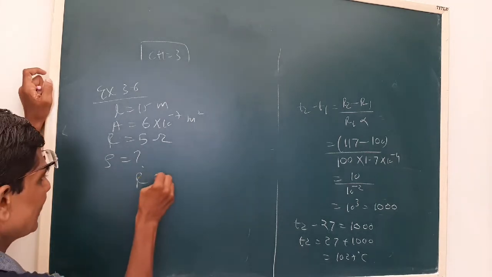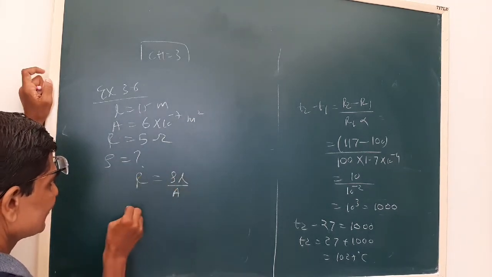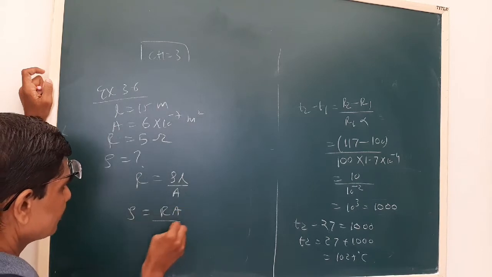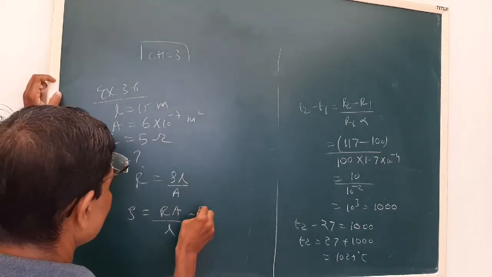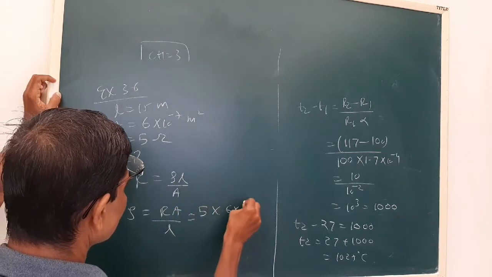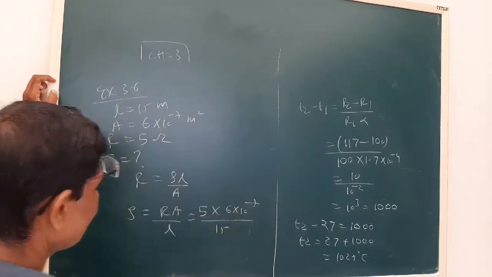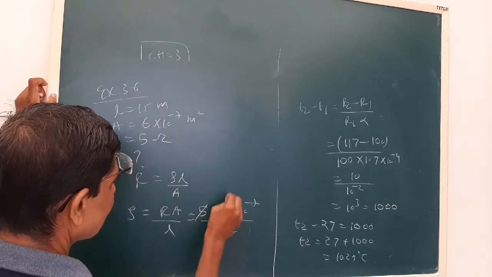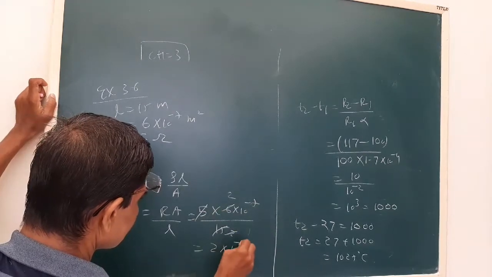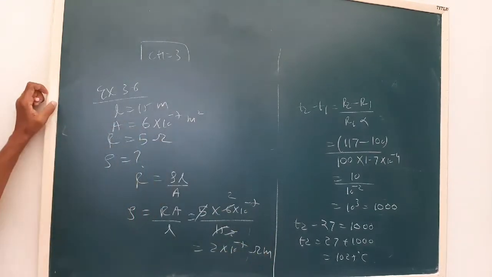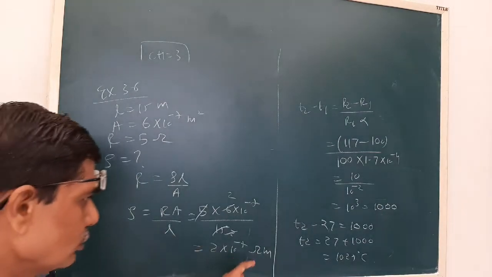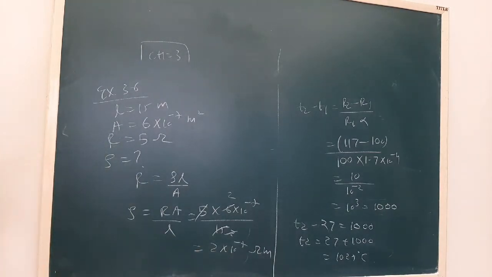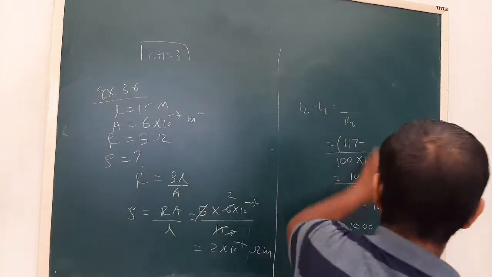See, the formula is R is equal to rho L by A. So rho is equal to RA by L. R is 5, 6 into 10 to the minus 7, length is 15. So what will we get? 2 into 10 to the minus 7, 5 3s are 15. See, remember the unit of resistivity is ohm meter. So this is nothing but the exercise sum number 3.6.